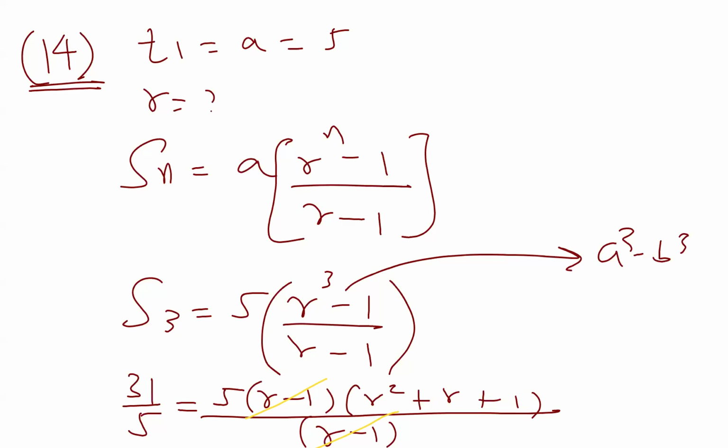Any feedback? Have you understood till here? This 5 and this 5 will be multiplied. So 31 is equal to 25 into R square plus R plus 1.